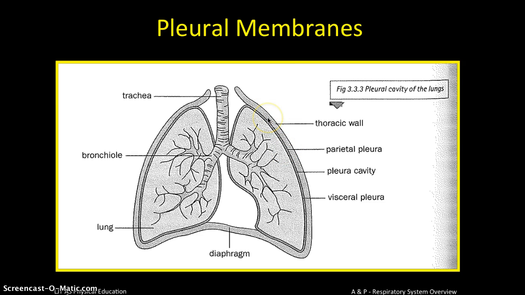So if you breathe in and your rib cage moves up and out, that will pull on the outer membrane, and because of the vacuum that pulls the inner membrane, and because that's connected to the lung tissue, the lungs will essentially widen. We look at that in more detail in another video. But the pleural membranes allow the lung tissue to move with rib cage and diaphragm movements.